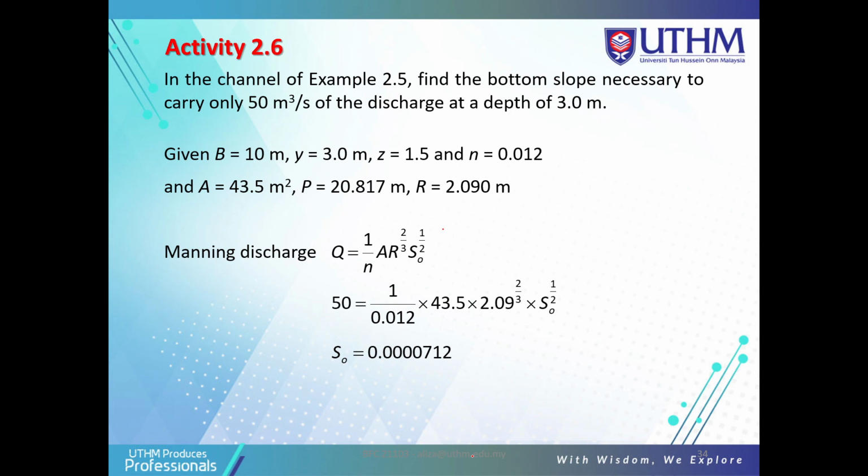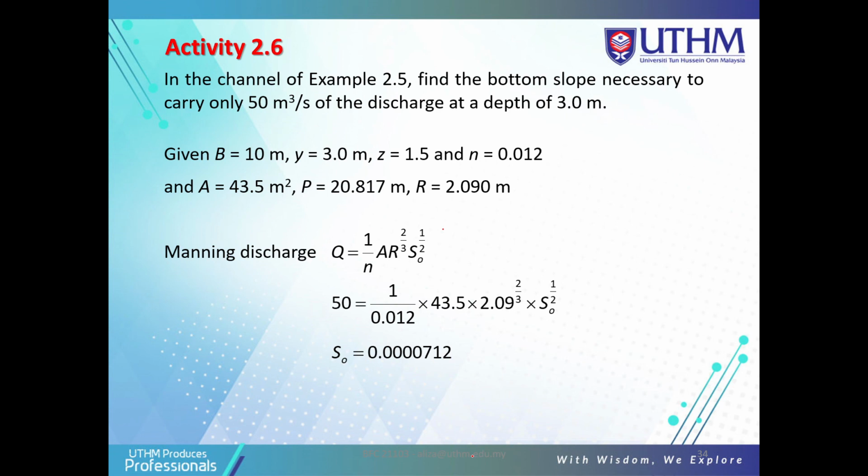So in this case, in topic 2, activity 2.6, they use the same parameters as example 2.5, but they give you the value of Q, the discharge. So you use the Manning velocity to get the velocity, but you use the Q, the Manning discharge, to find the bottom slope S naught.